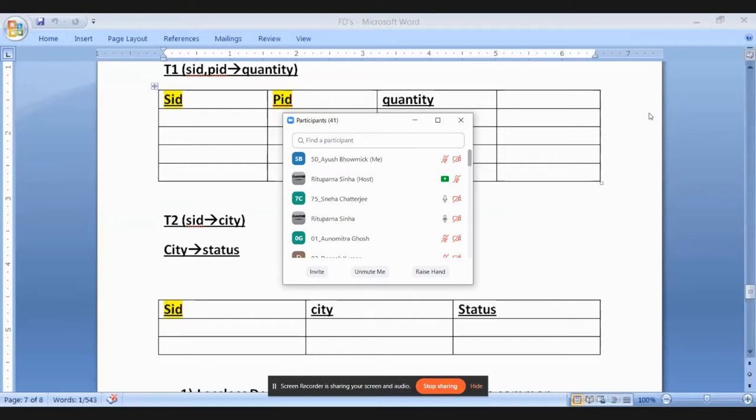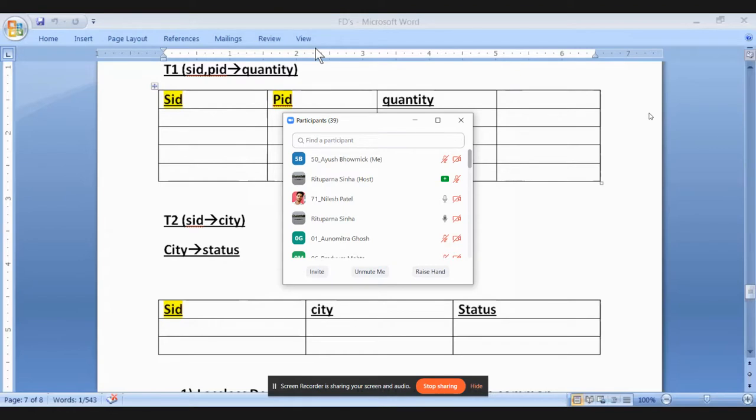Can you understand whether the T1 table is in 2NF or not? Nilesh Patel. Yes, ma'am. Can you tell me whether T1 is in 2NF or not? No, ma'am. Don't know.